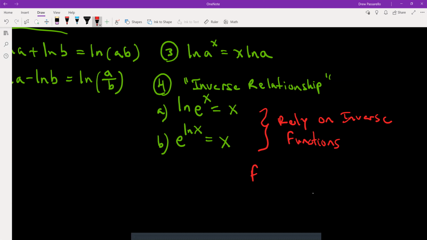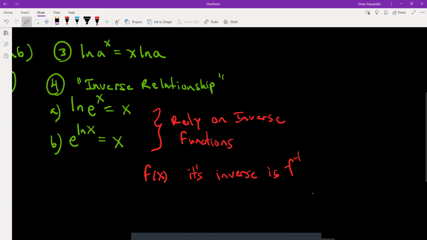So if I have some function f of x, its inverse is, and they write it as f, and it looks like a -1, but it's not f to the -1 power. It's just a notation for the inverse.